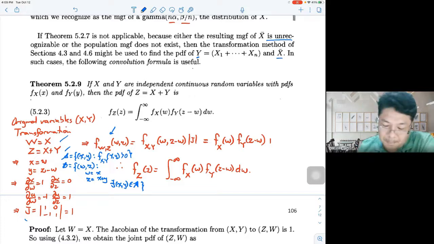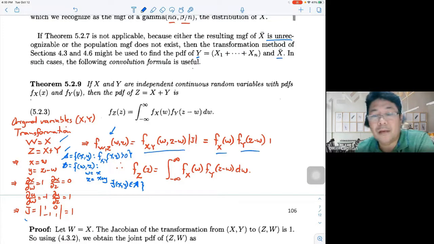So ito ngayon. You have that. Times the absolute value of the Jacobian of our transformation. Since we know that we have independent continuous random variables, then the joint PDF will just be equal to the product of the PDFs. And then the absolute value of J will be just equal to 1.